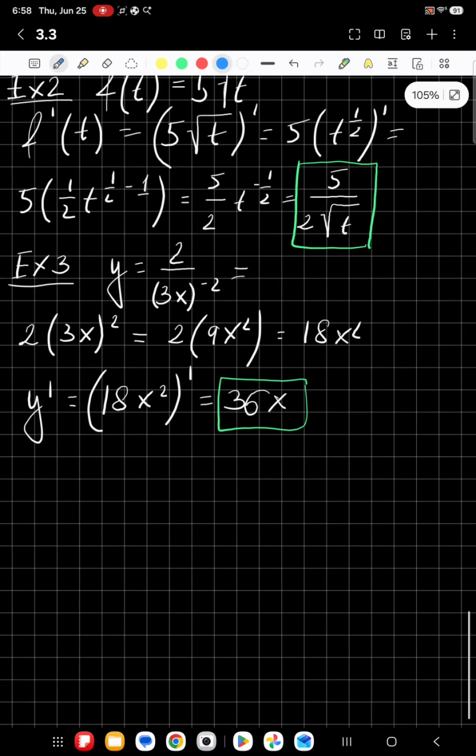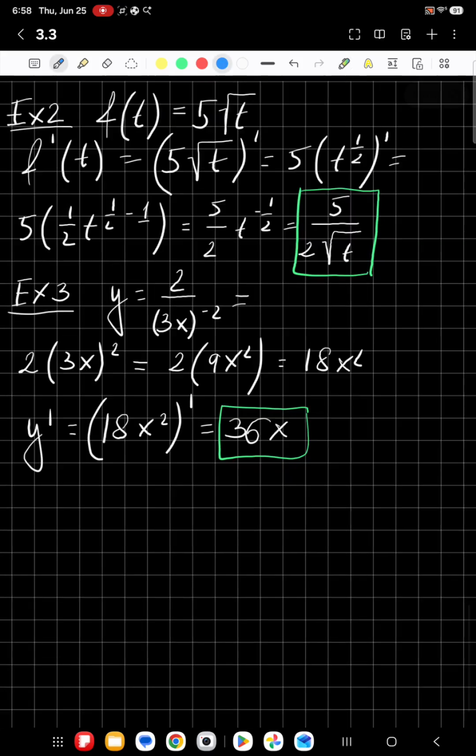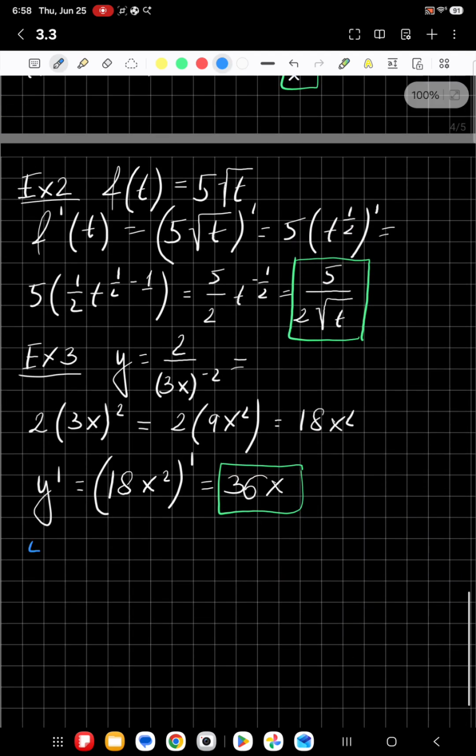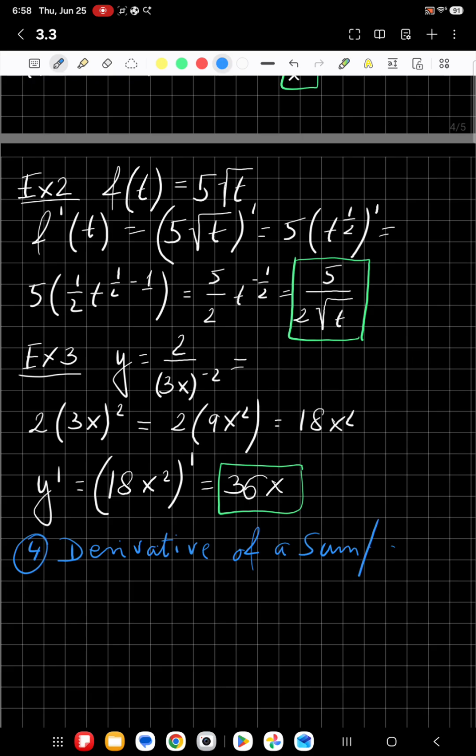So I'm going to introduce it officially. So this is rule number 4, the derivative of a sum or difference.